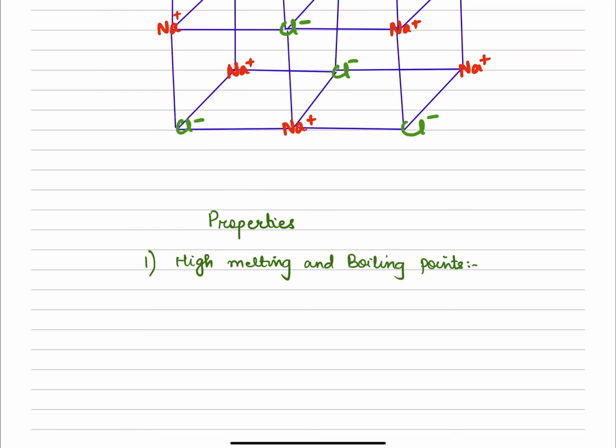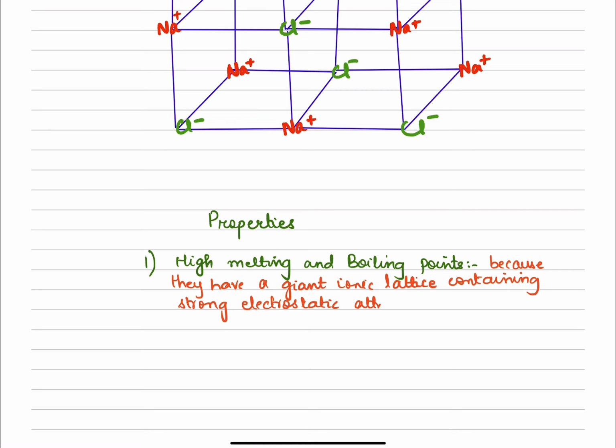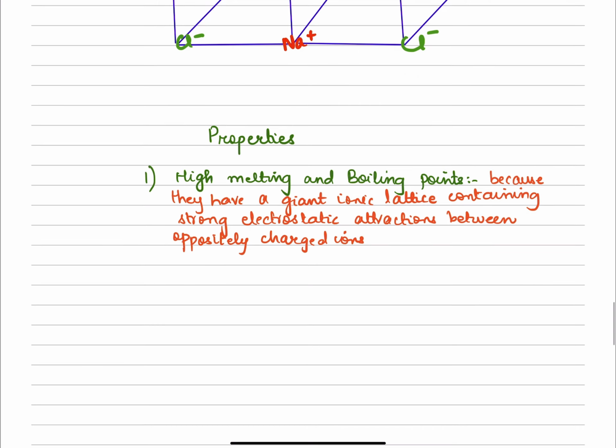So you can simply write they have high melting and boiling points because they have a giant ionic lattice containing strong electrostatic attractions between oppositely charged ions, and high amounts of energy is required to overcome them.